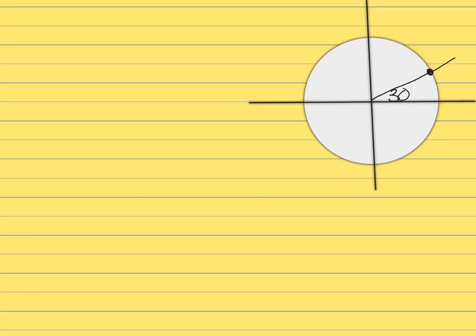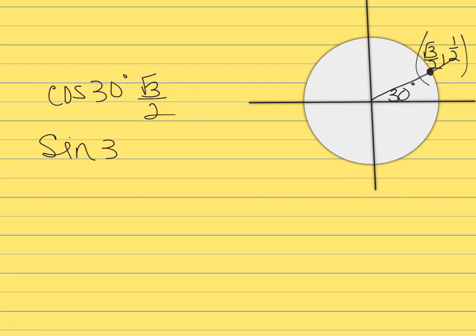And the coordinates for 30 degrees were the square root of 3 over 2 and 1/2. So if you were asked for the cosine of 30 degrees, you would give the x value. It was the square root of 3 over 2. And if you were asked for the sine of 30 degrees, you would say 1/2, right?